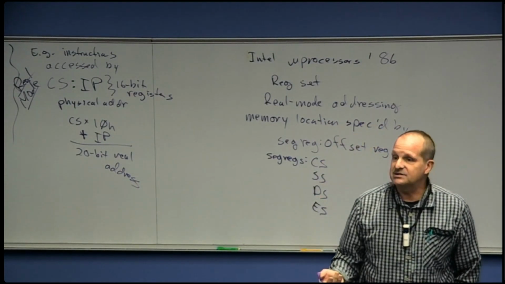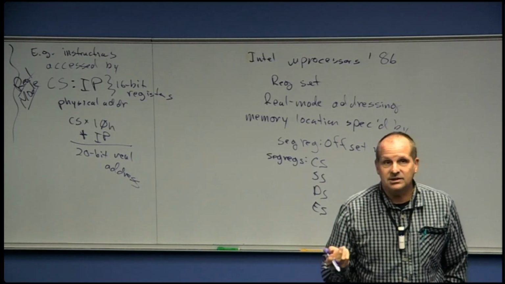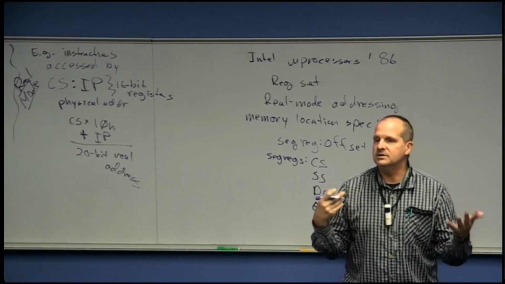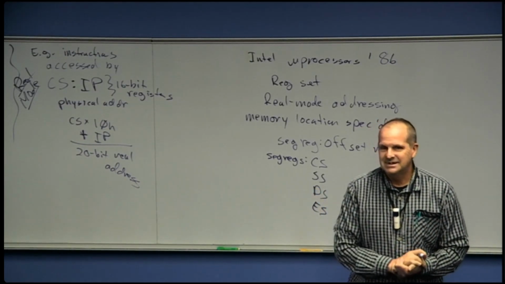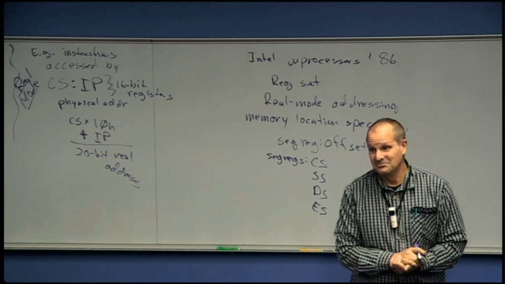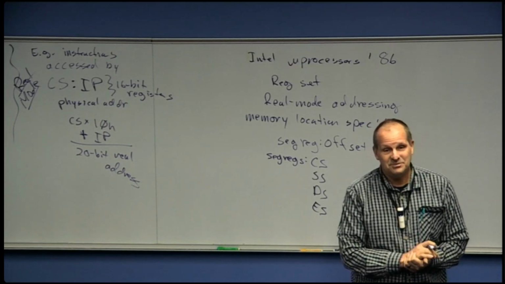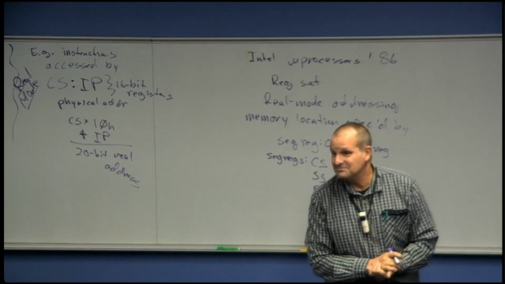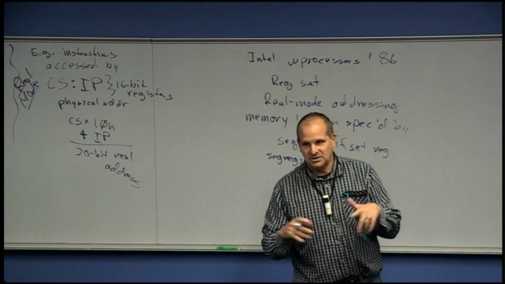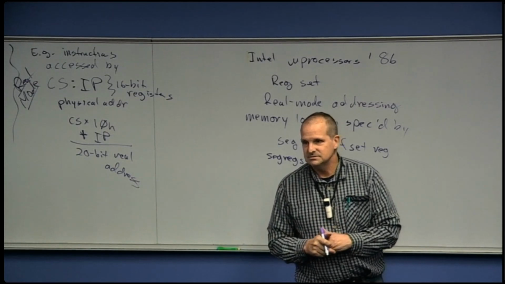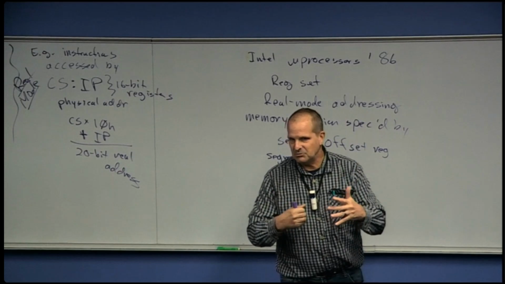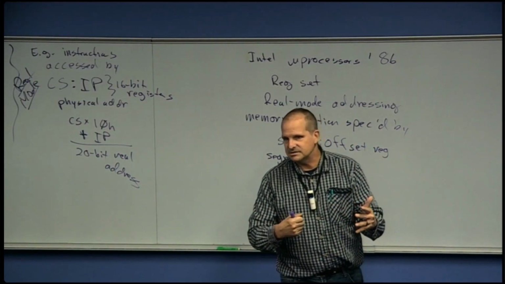Along came the 386, released in 1985. It supports 32-bit addressing. That means that in 1985, when thumb drives weren't a thing, it supported a main memory system that was 4 gigabyte.